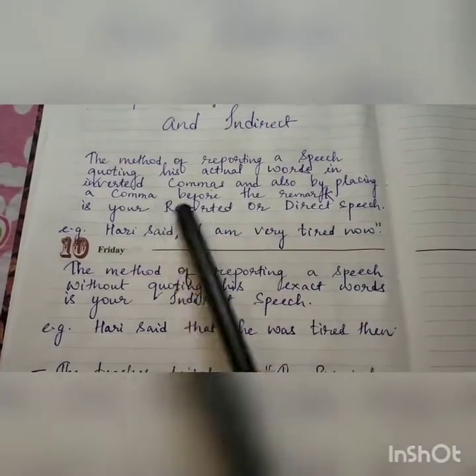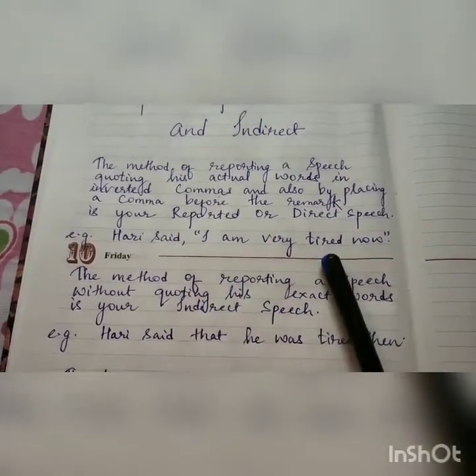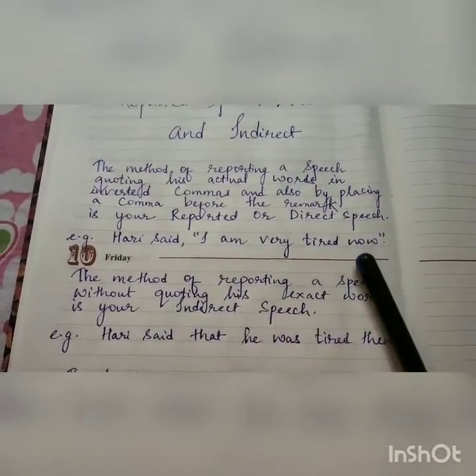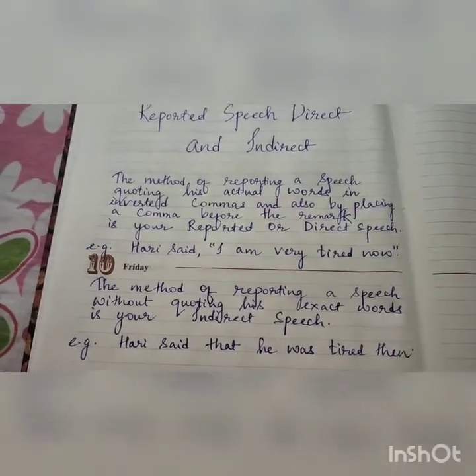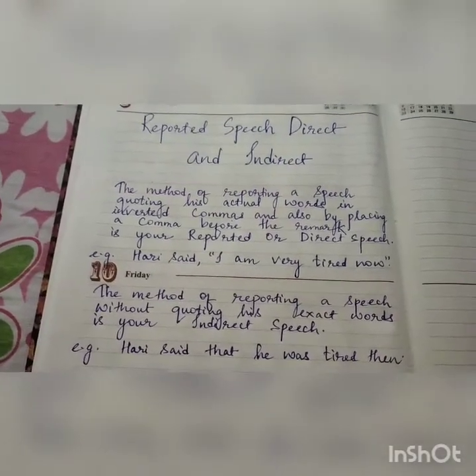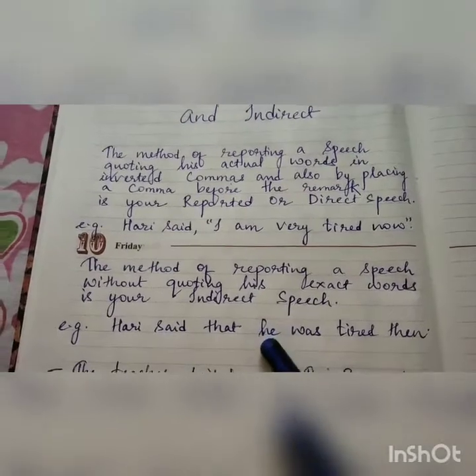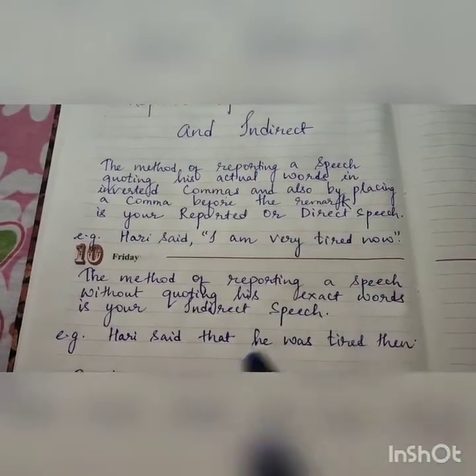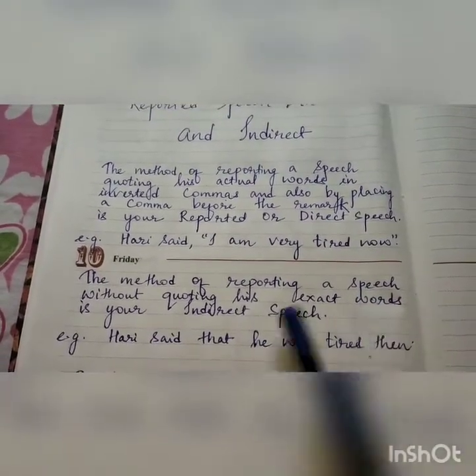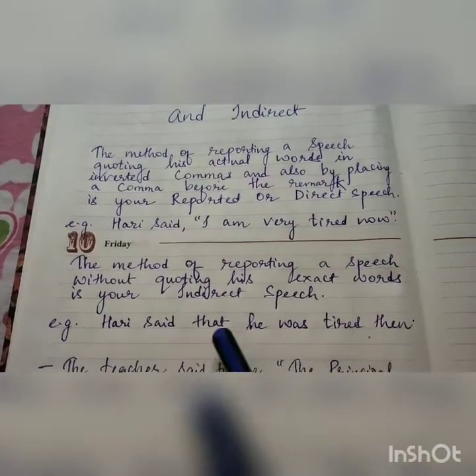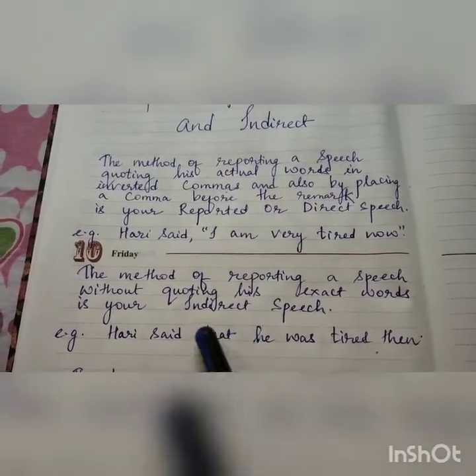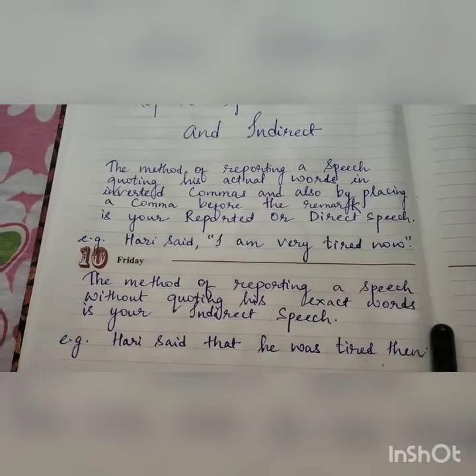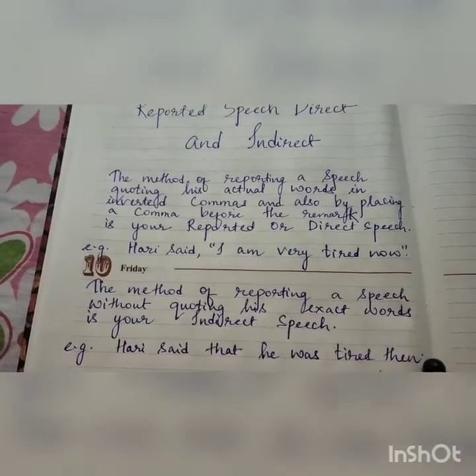This is your reporting verb and this is your reporting speech in the above case, and the comma after said. In indirect speech, inverted commas are not used, and the reported speech is generally introduced by the conjunction that. No comma between the reporting verb and the reported speech.